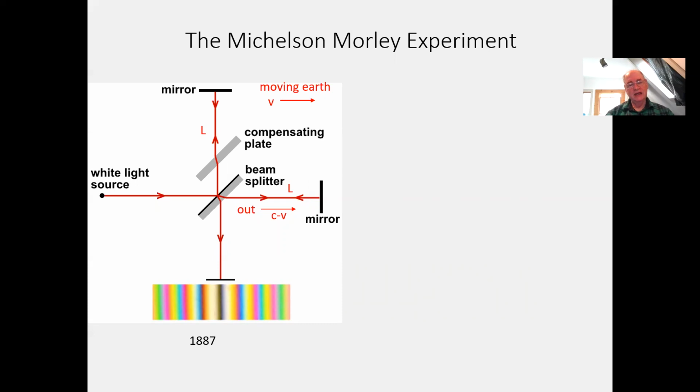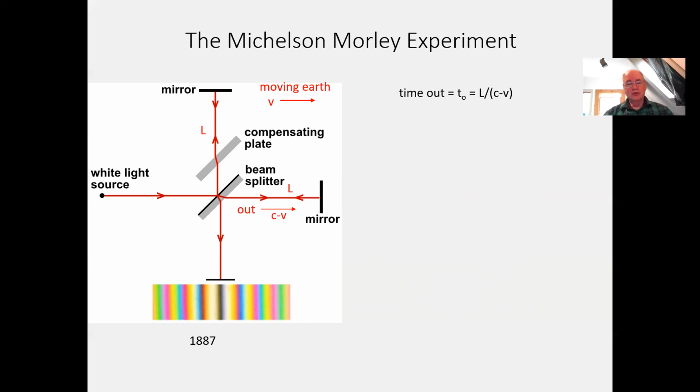We're following behind it, and what we should measure, the speed that we should measure going out in that direction would not be the velocity of light c. That's the velocity it's going through the fixed ether. We would have to subtract our speed of the moving Earth of v. So it would have that speed going out to the mirror, okay?